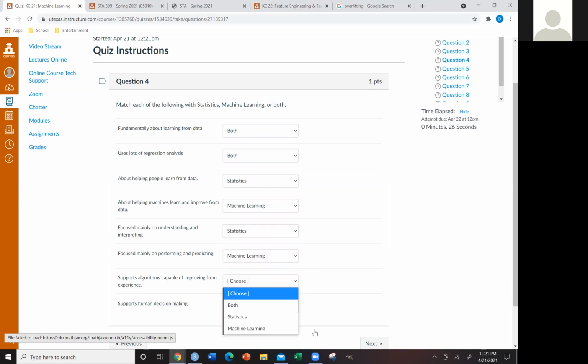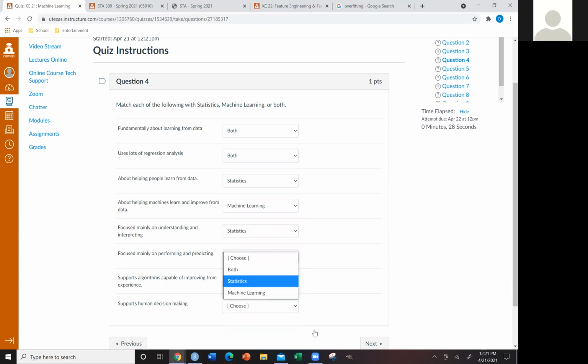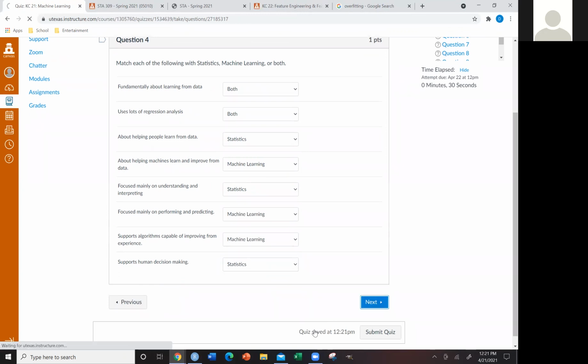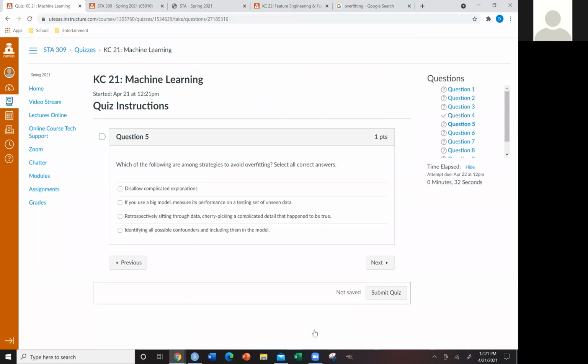The next 2 are backwards, so it's machine learning, then stat. Yep. Okay. Cool. Let's find that last one. I think this one is the one we got wrong. Let's leave out identifying all possible confounders and including them in the model. And let's click, if you use a big model, measure its performance on a testing set of unseen data. And let's just submit and see if we got 2 out of 10.